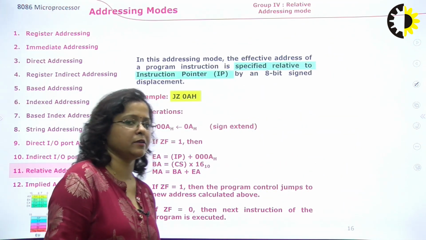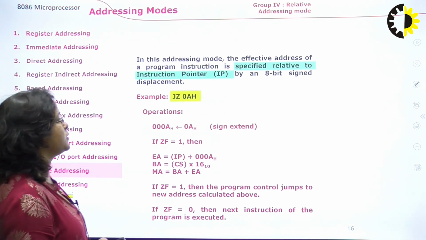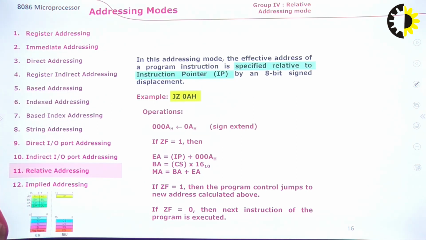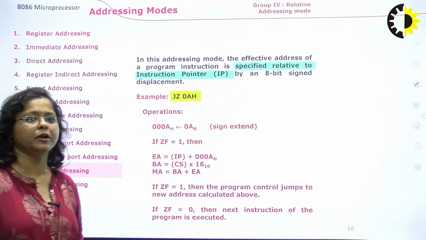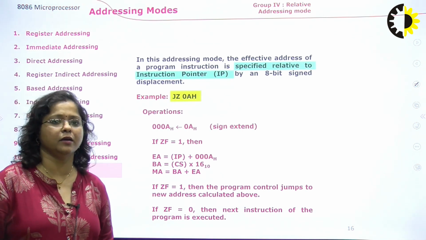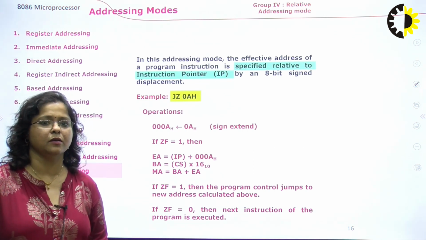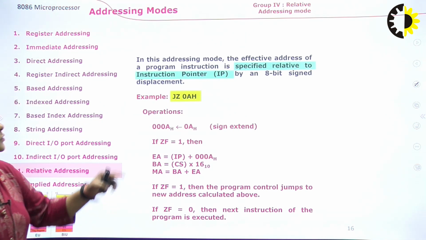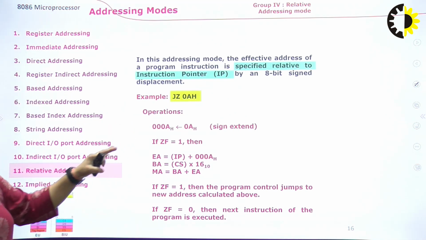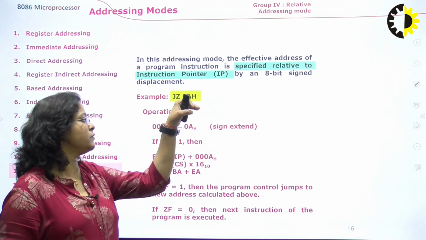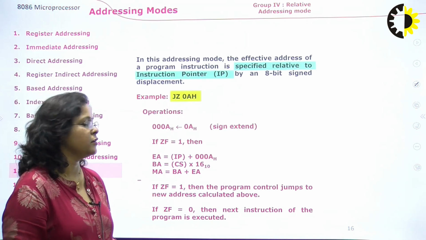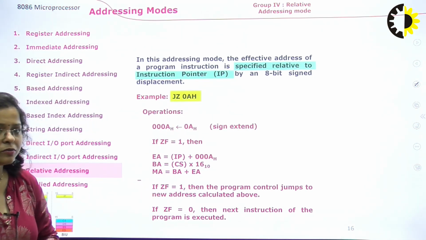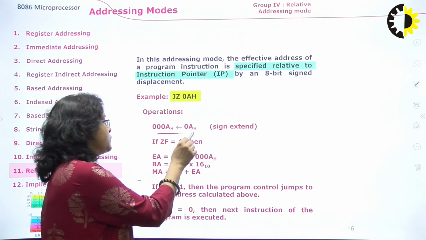Now, relative addressing. In case of relative addressing, basically an instruction pointer is used and an 8-bit signed displacement. For example, JZ 0A. So, jump if zero, then we will go to 0A. 0A is 8-bit. So, first of all we will convert it to 000A.